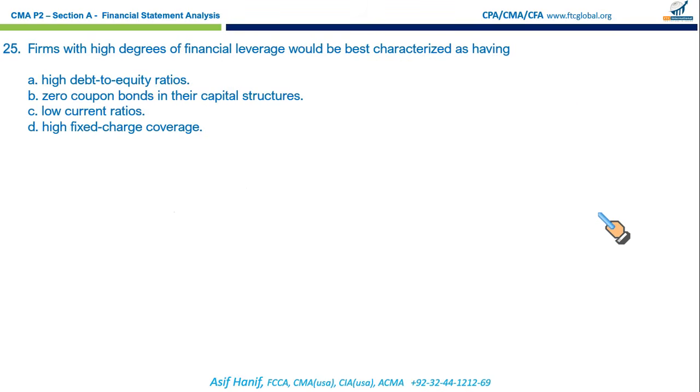Next, firms with a high degree of financial leverage would be best characterized as having what? Let us discuss each option one by one in the reverse order. Please note what is required. High fixed charge. What is fixed charge? Like interest coverage. Let's say I have earning before interest and tax of $100,000.